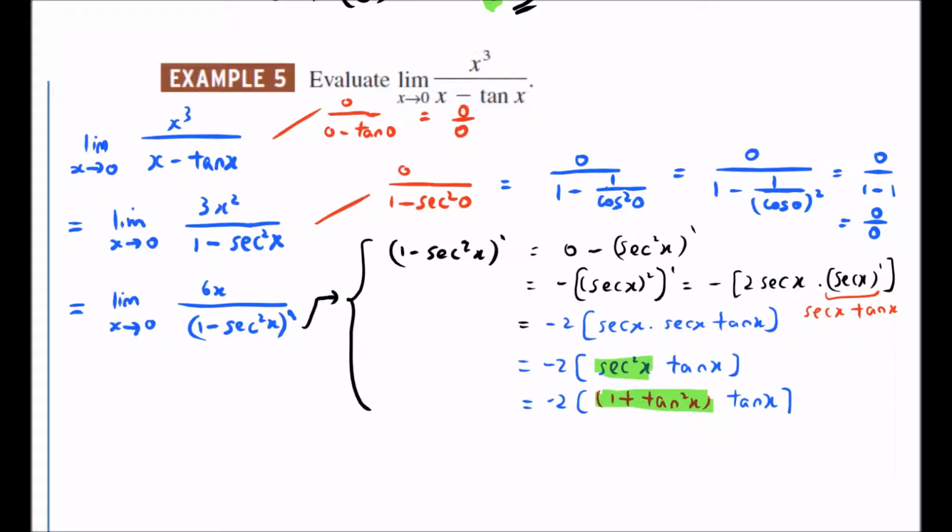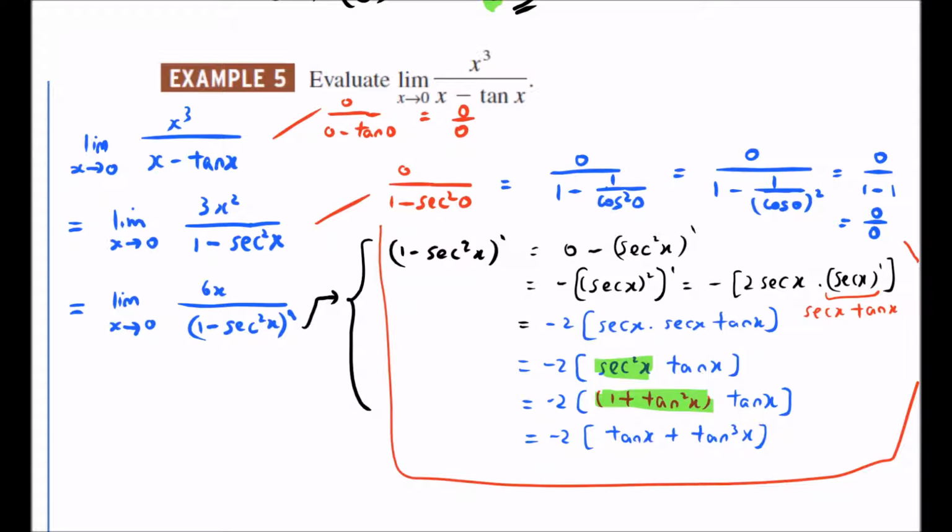So you open the bracket, you get tangent x plus tangent cube x. Okay, so this whole chunk here is to differentiate your 1 minus secant square x.